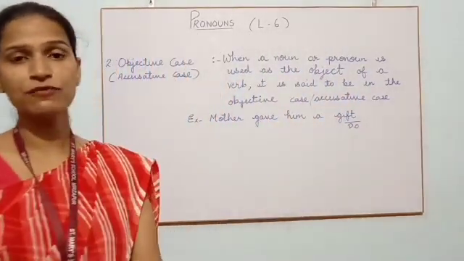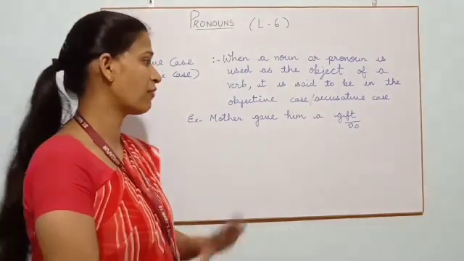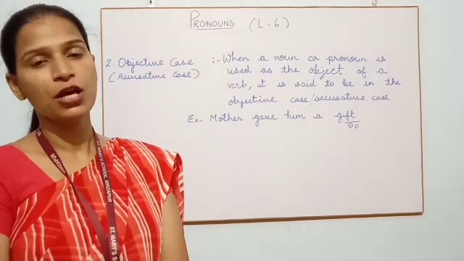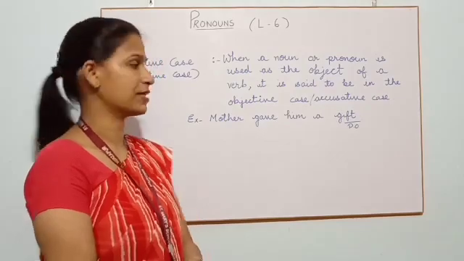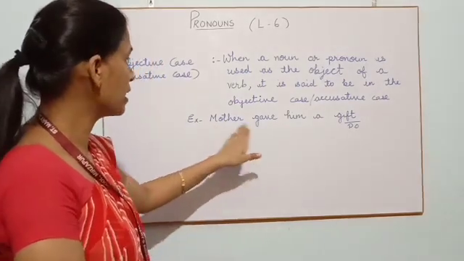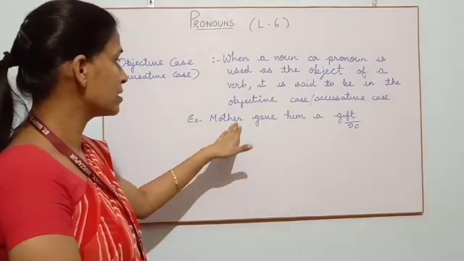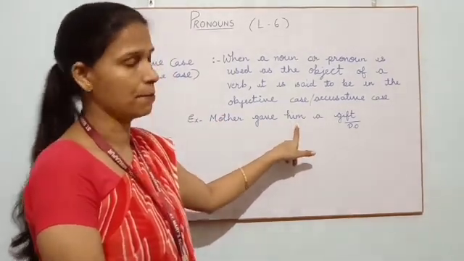And when you have to ask for the indirect object, how will you find it out? Children, this is very simple. You will ask the question whom. Let's do it. Mother gave him a gift. Whom did the mother give a gift? It is him.